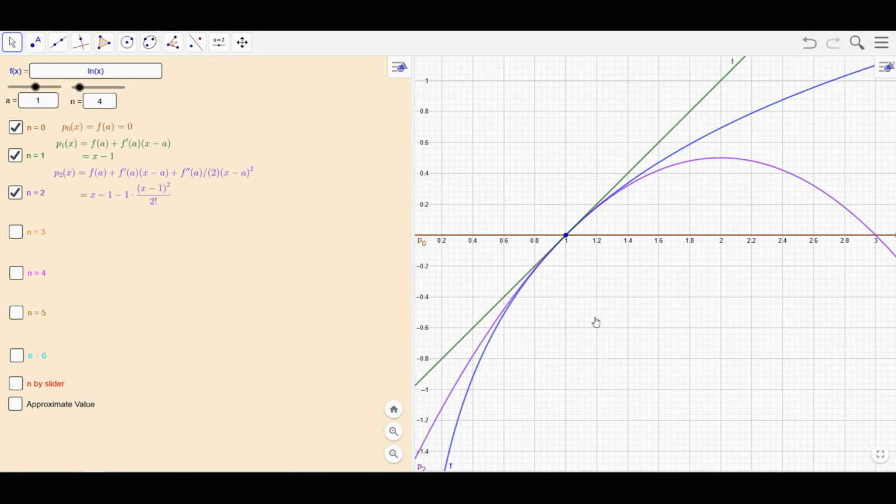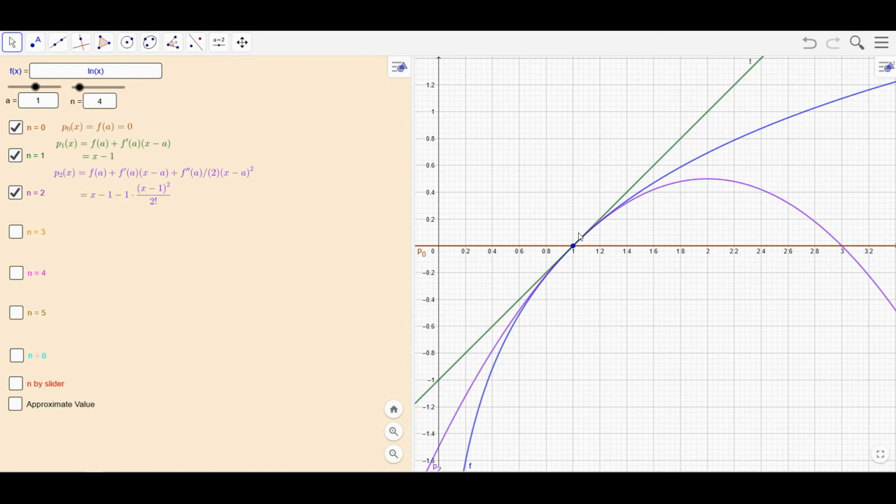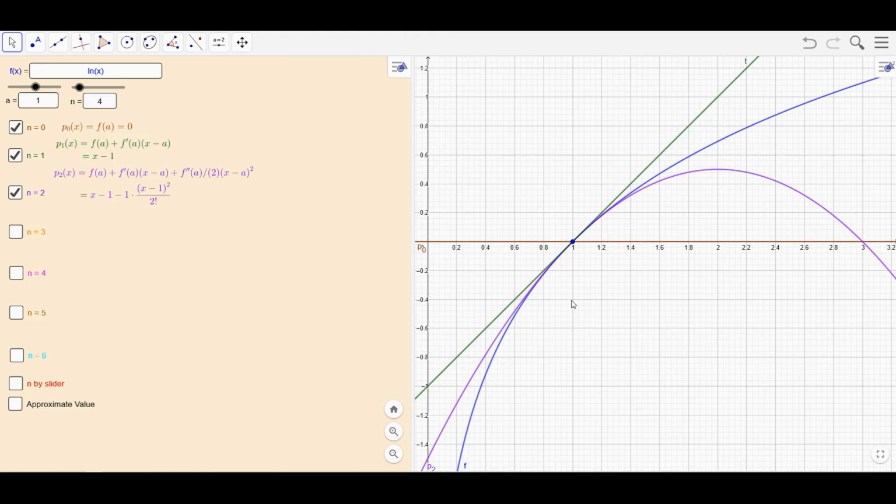Now, of course, they both go further away, but that parabola is not only closer in close, it actually hangs with it longer, starting to significantly deviate a little bit further out than the tangent line. So that's a better approximation. So you gain in a better approximation, you lose because it's a second degree polynomial instead of first degree polynomial. So the approximating function got a little harder, but the level of approximation got a little better.